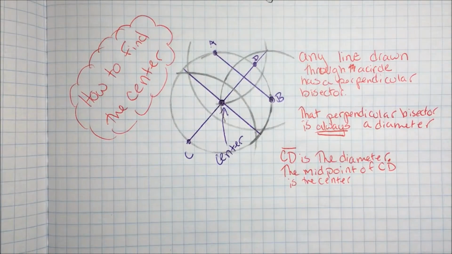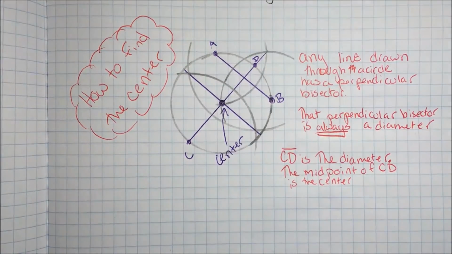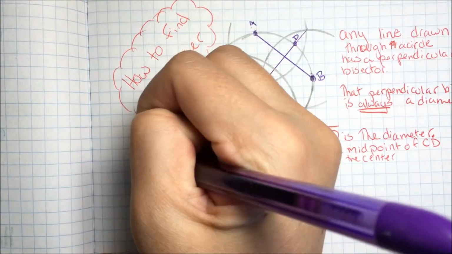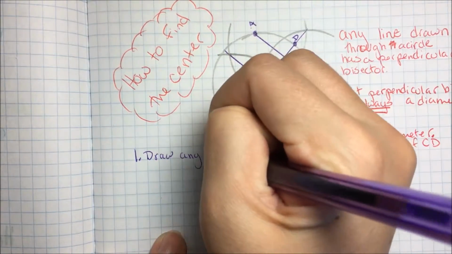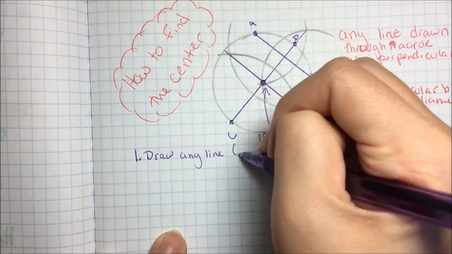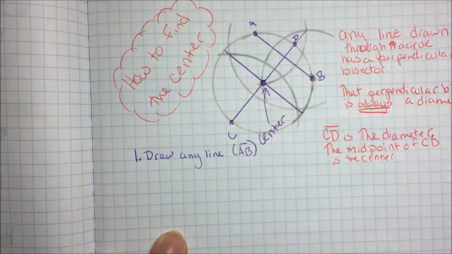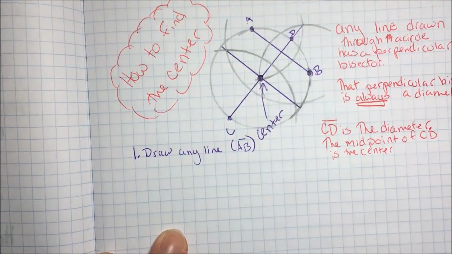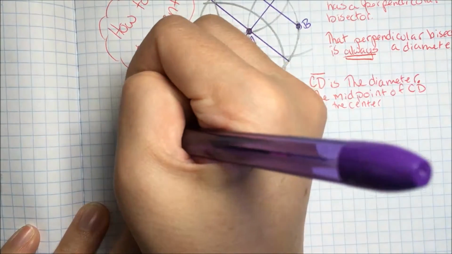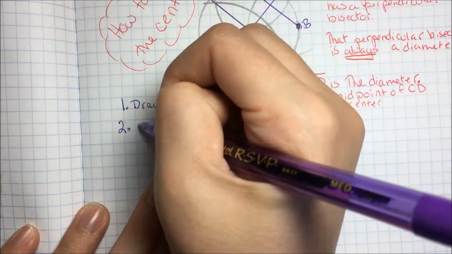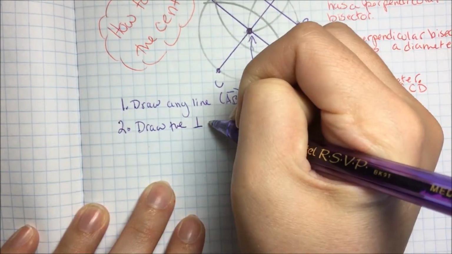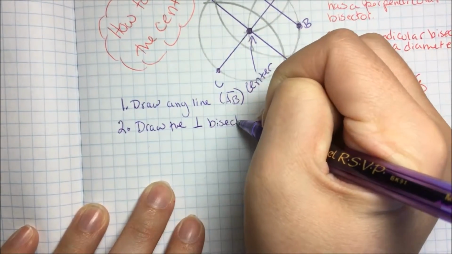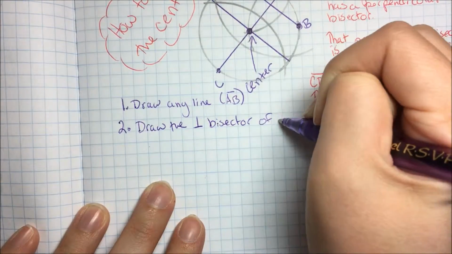So to recap, I found the center of the circle by, one, drawing any line. In this case, I drew AB. Two, draw the perpendicular bisector of AB.